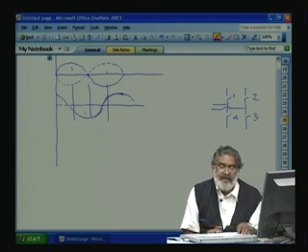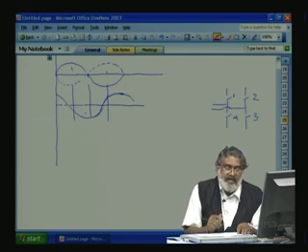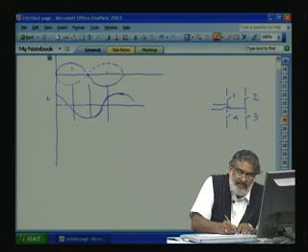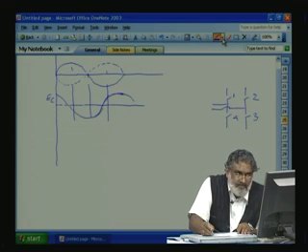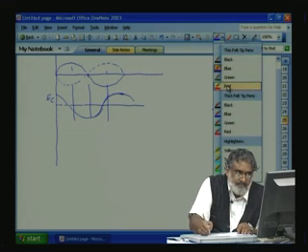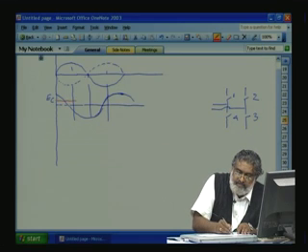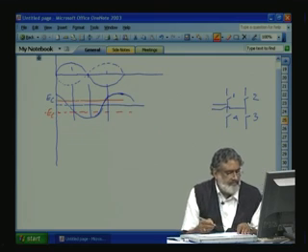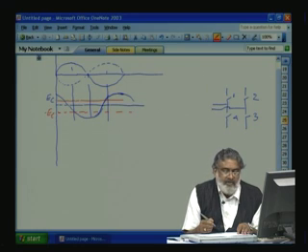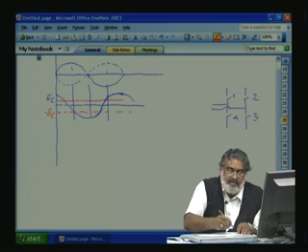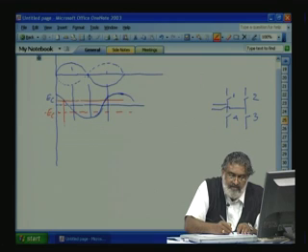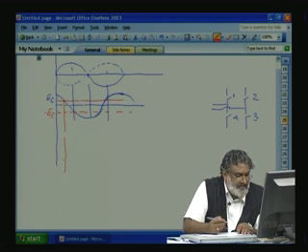Now, we will generate an EC positive as well as negative. This is EC positive. Let us take EC positive, as well as EC negative, minus EC. Now we will generate the cross comparison using comparators, and generate various signals like this.